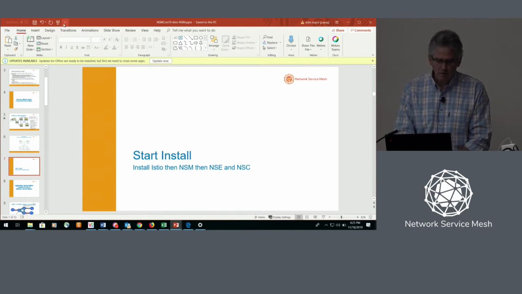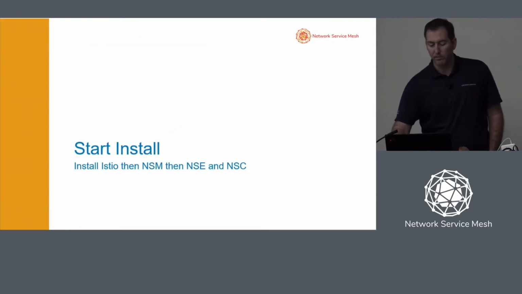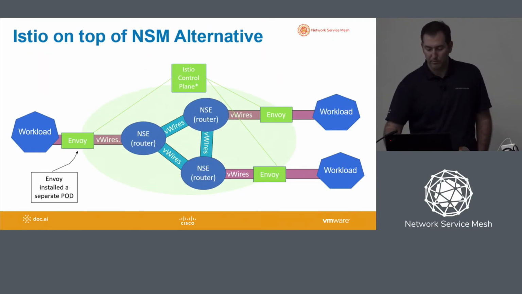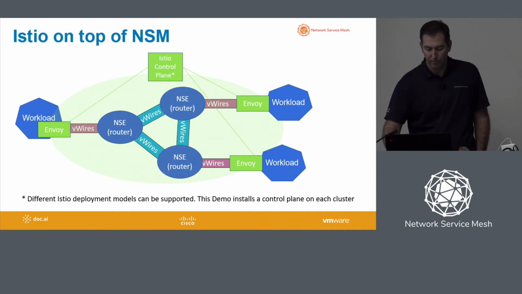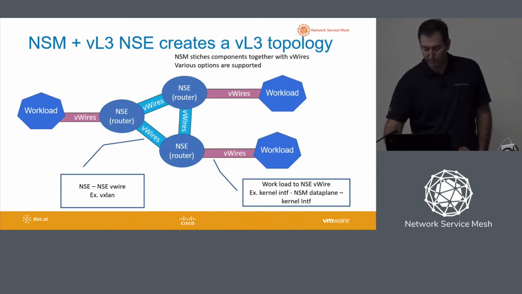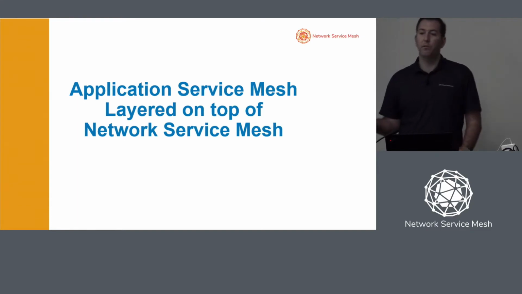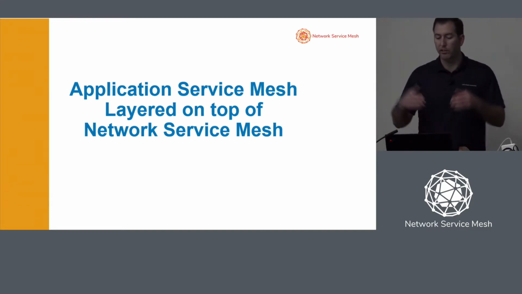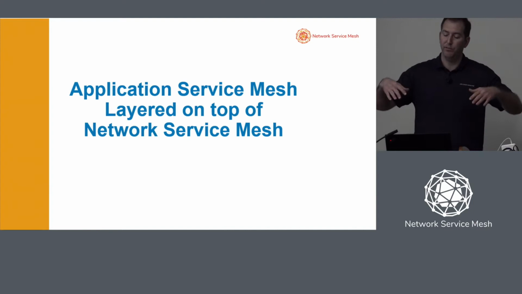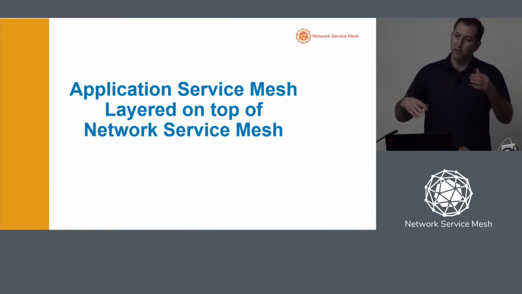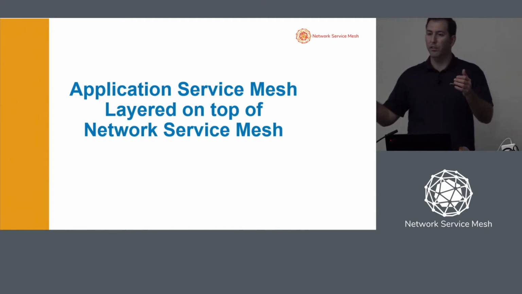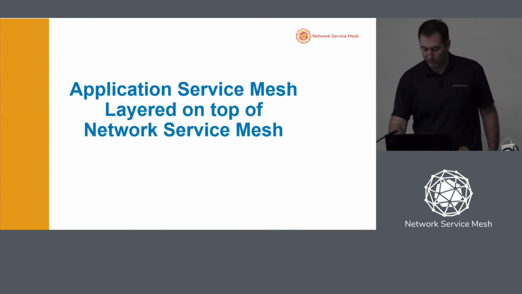And Tim, why don't you take it away? Sure. Yeah, so I'm going to go a little bit through some of the same content that I went through earlier, but in slightly different detail. Like John was saying, we're layering the application service mesh on top of the network service mesh with the virtual L3 NSE deployment.